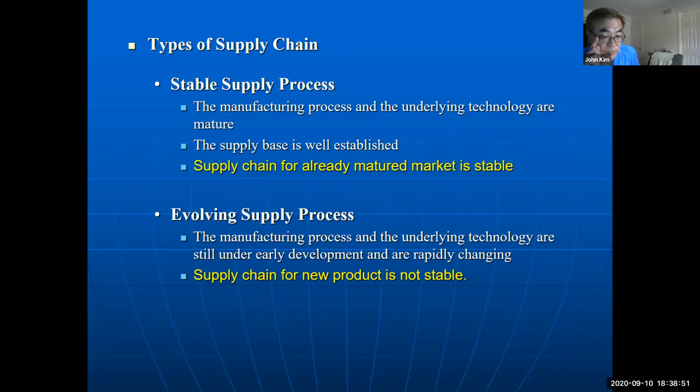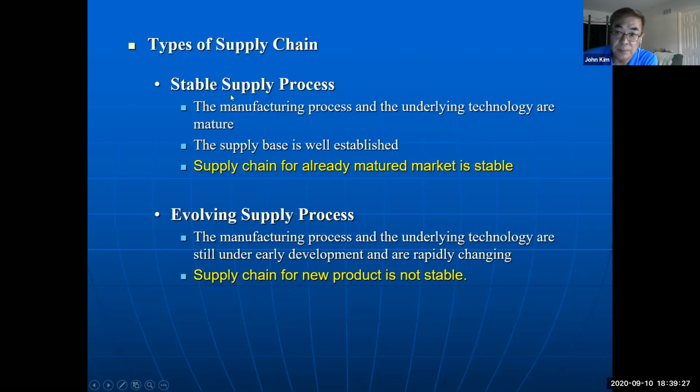But for the most recent Galaxy model, the Samsung Galaxy S20, there are not as many accessories as for the old one, and they're expensive. That is an example of stable and evolving supply.